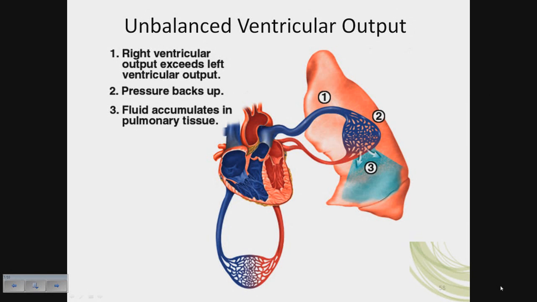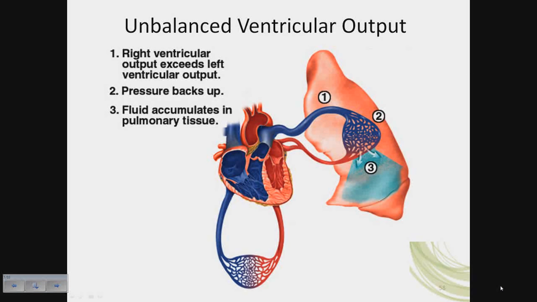So the basic rule of thumb is whatever side is failing, then behind it, meaning the circuitry leading to that side of the heart, is going to present with the edema.